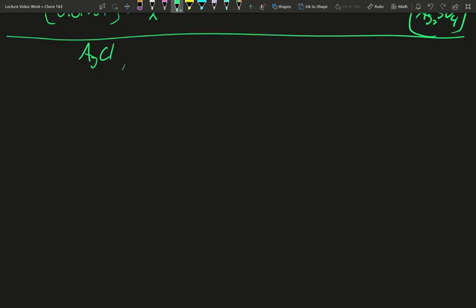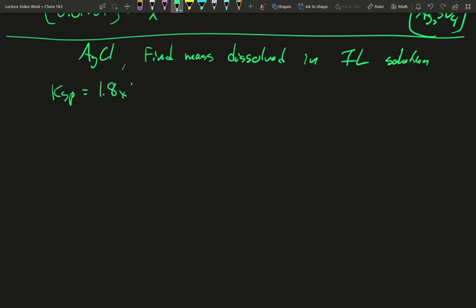In this case, let's find the mass dissolved in 1 liter solution. And the Ksp, in this case, is 1.8 times 10 to the minus 10. So using this info, go ahead and pause. Find out what mass of silver chloride will successfully dissolve in 1 liter, and then come on back.